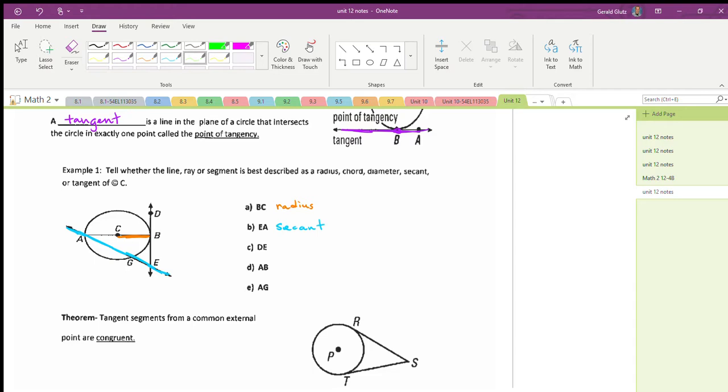I'm trying to give you time to answer these on your own, but if you don't know, you can just follow along. DE, going from D to E, this green line here, touches the circle one time on the outside, so hopefully you can see that is a tangent.